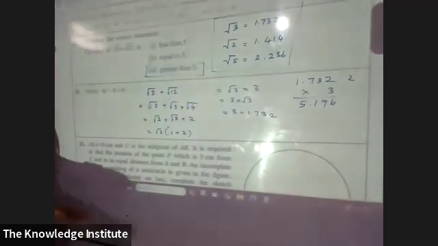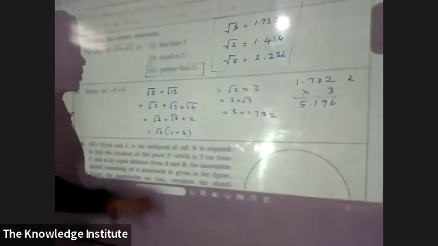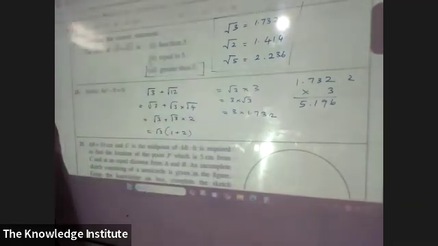There is another way of doing this. Okay. There is another way of doing this problem. First you write this down.